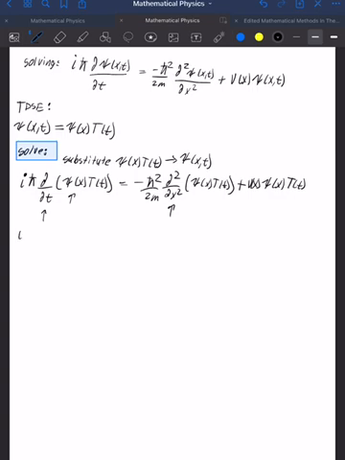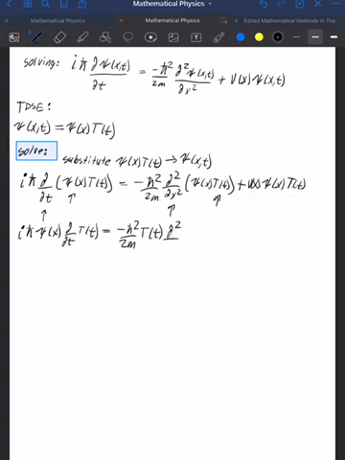Which means we can factor that out such that we get i h bar psi of x times partial t of T of t, and that's equal to minus h bar squared over 2m, and the same thing on this right hand side. This is a second partial derivative with respect to x, which means that this function T of t is not being differentiated, right? Because that's a function with respect to time. So we can pull that out.